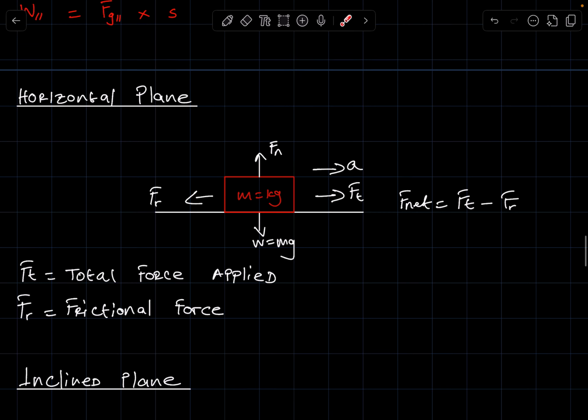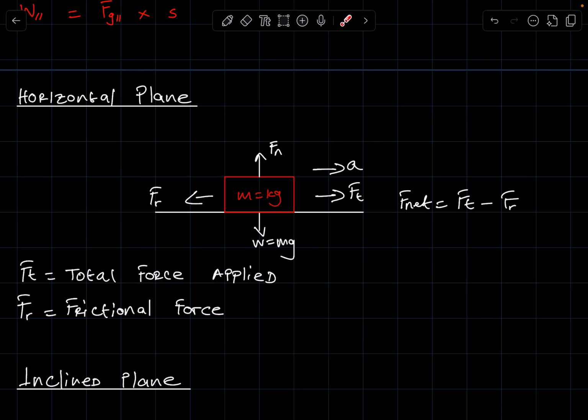So first looking at the horizontal plane, say you have an object on the horizontal plane. The forces that the object will be subjected to will be, first of all, the weight. The weight of an object is always acting perpendicular to the ground, always.